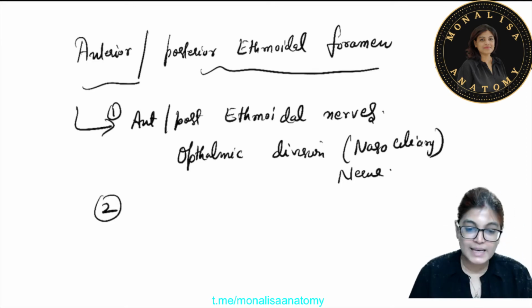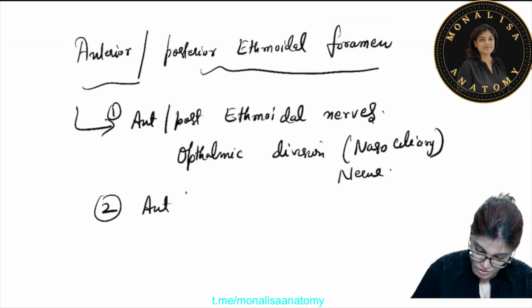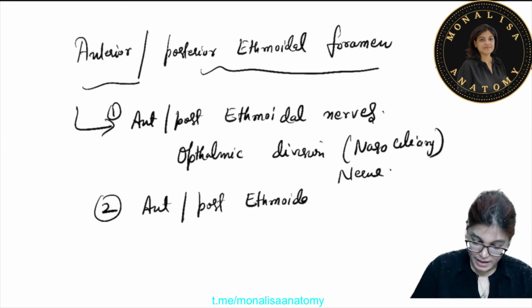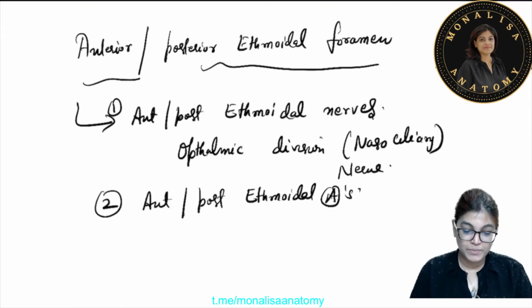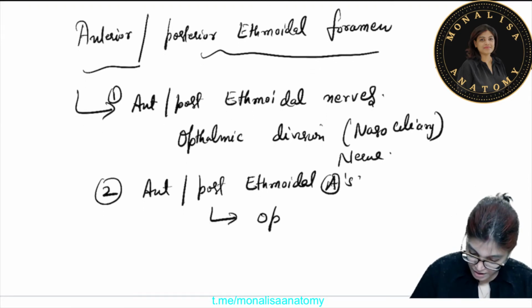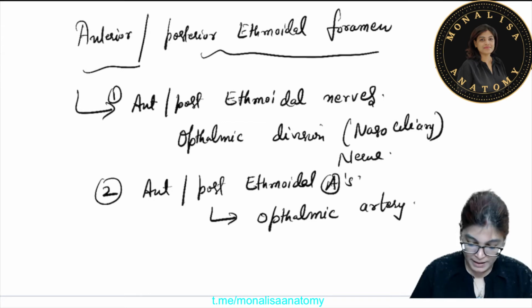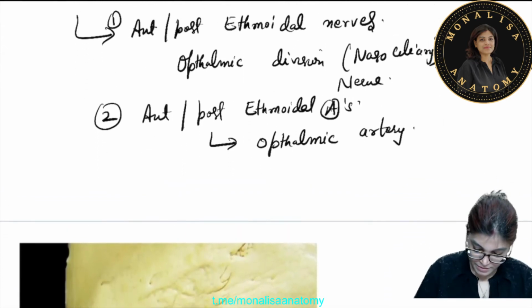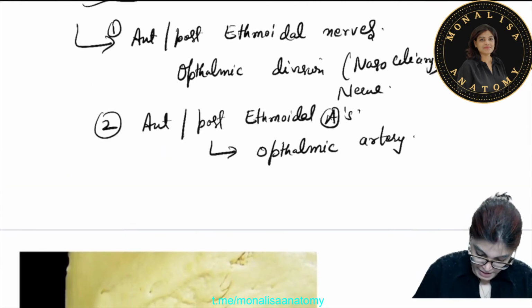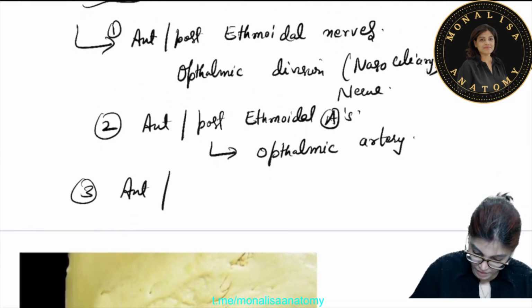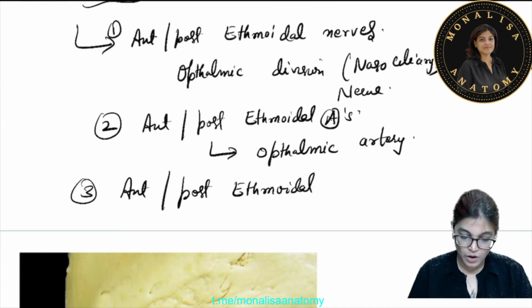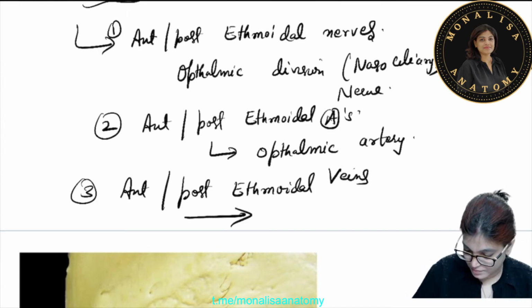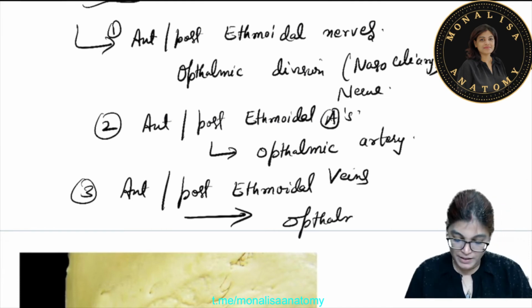Also arteries and veins corresponding to the name pass: the anterior and posterior ethmoidal arteries, which are branches of the ophthalmic artery, and the anterior and posterior ethmoidal veins, which are tributaries of the ophthalmic vein. So we are done with the explanation of the second option.